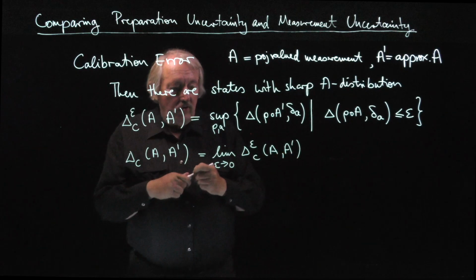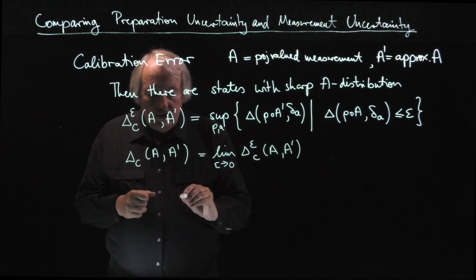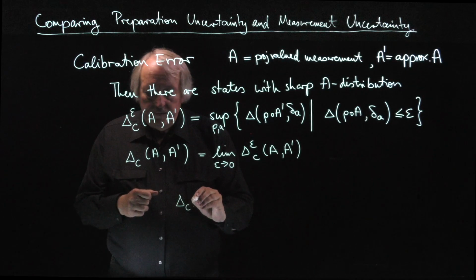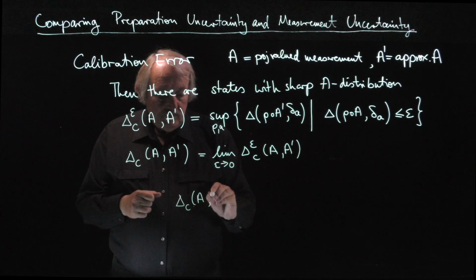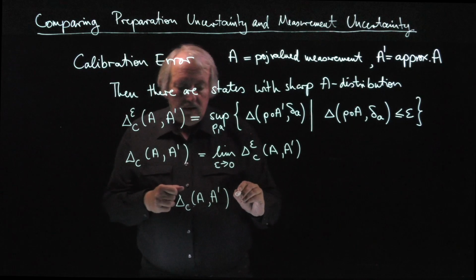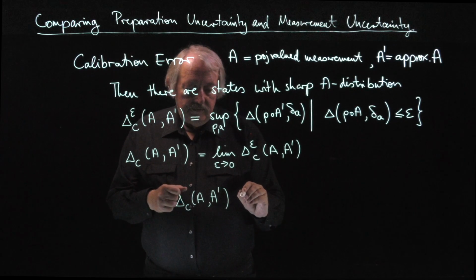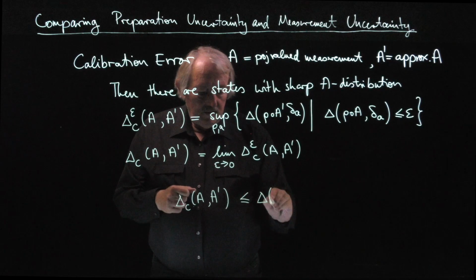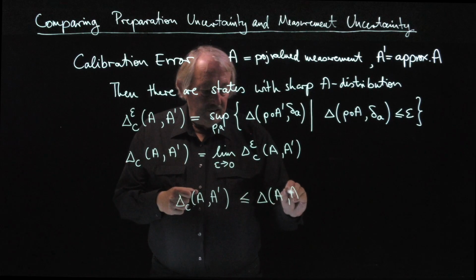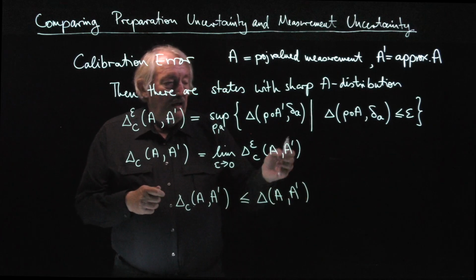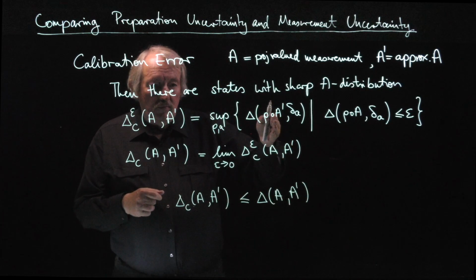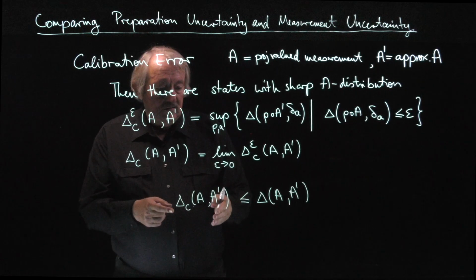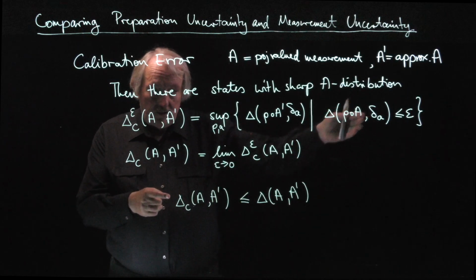Now it's very clear that the calibration error is smaller than the distance of the observables that are defined before, simply because you're taking this supremum over a smaller set of states, right? So only those that are sharp.